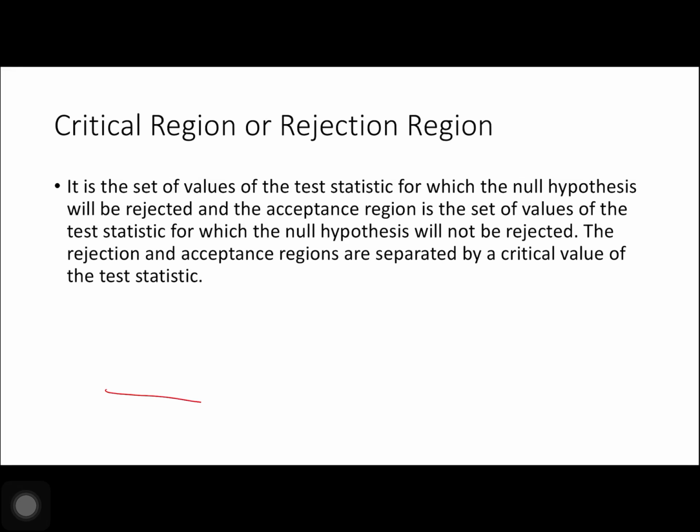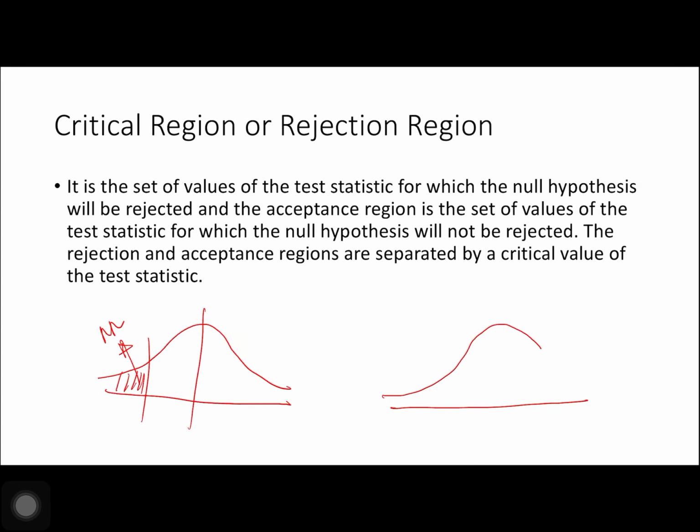So, we have here our one-tailed test. This is our critical region or the rejection region. And this is for our two-tailed test. This is our critical region or the rejection region.